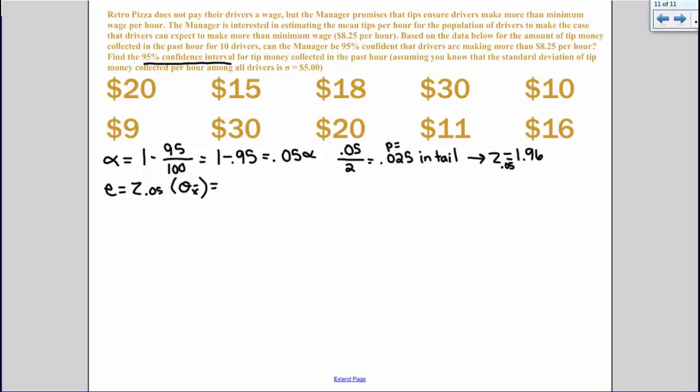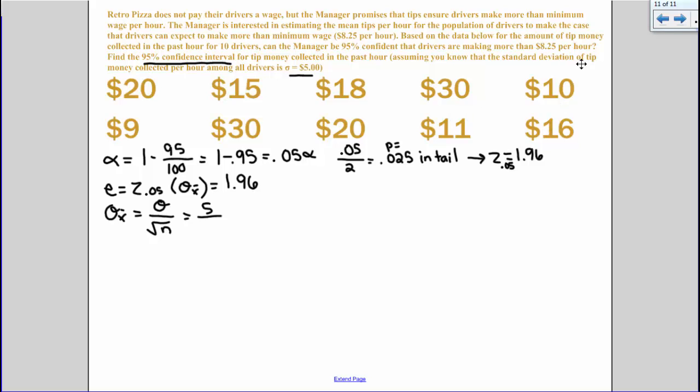So this would be 1.96 times, I don't know, right? Got to find my standard error, which is equal to the standard deviation divided by the square root of the sample size. My standard deviation is 5. And then my sample size was, let's see, 1, 2, 3, 4, 5, 6, 7, 8, 9, 10.